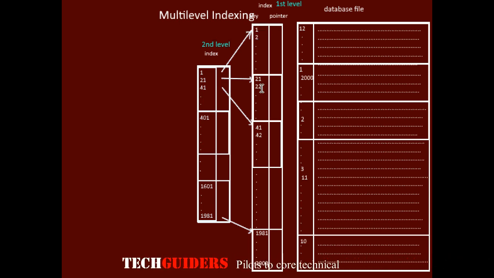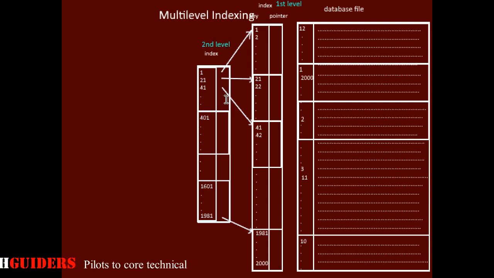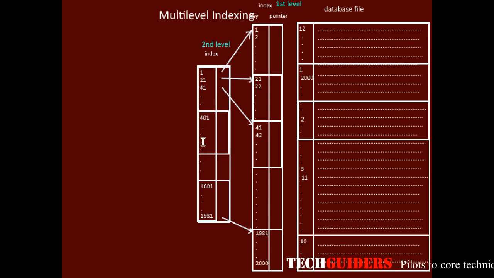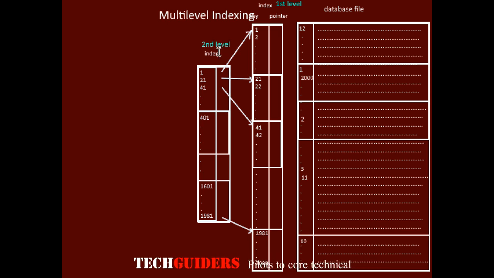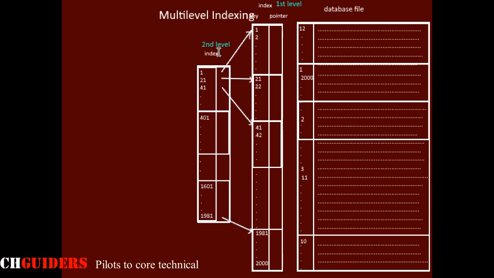Only entries corresponding to the block anchors move to the second level index. Thus, the size of the second level index will be considerably reduced. Thus, the number of blocks required to keep the second level index will be much less.